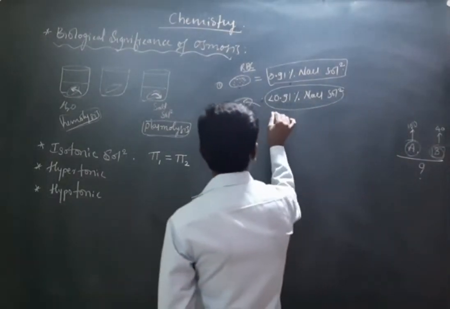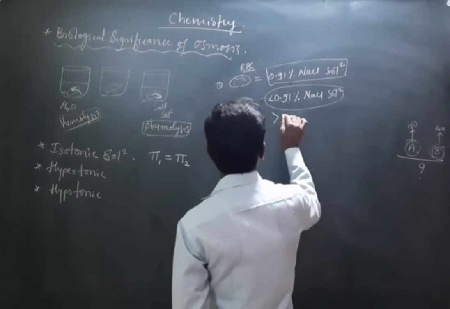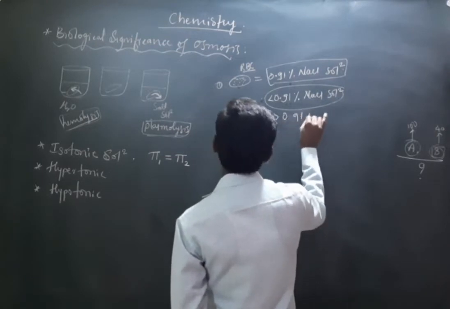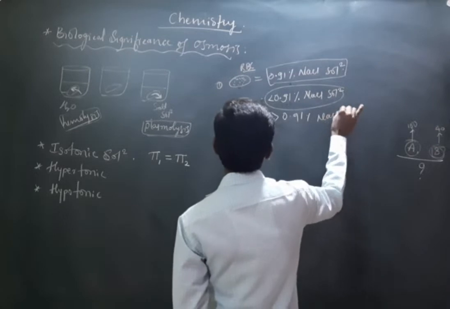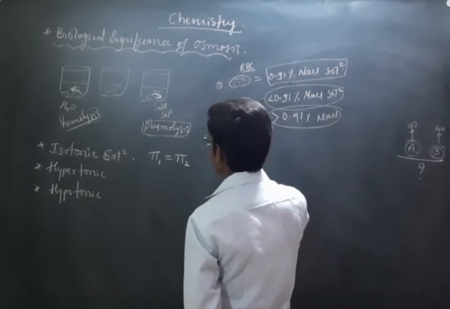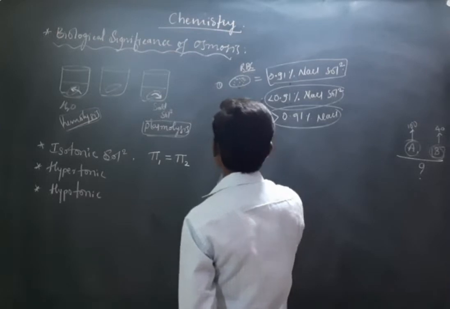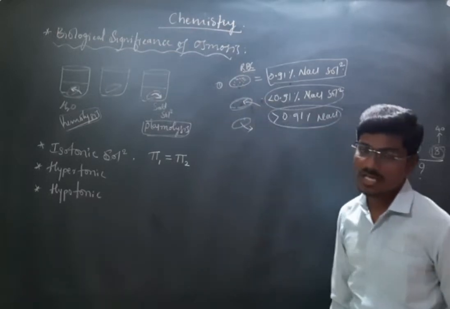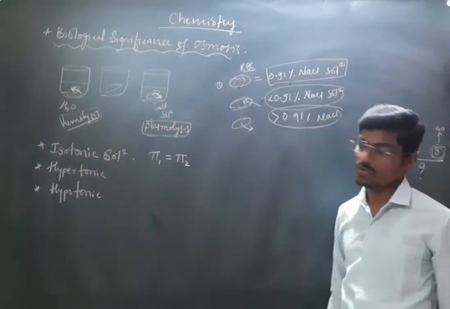Suppose the concentration is greater than 0.91% of NaCl solution, more than this, then definitely the RBC undergoes plasmolysis, the cells shrink.